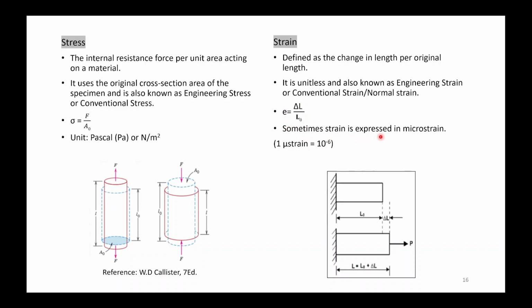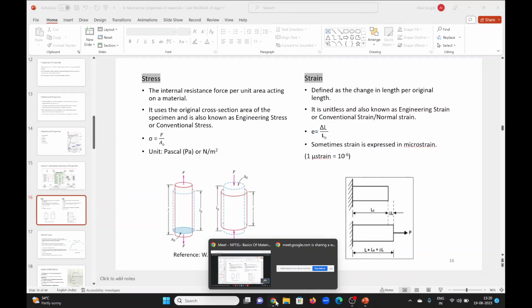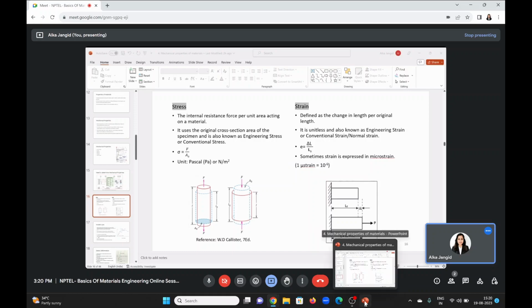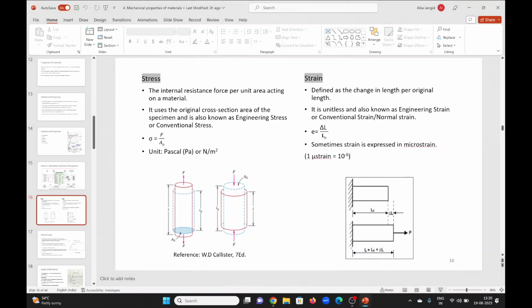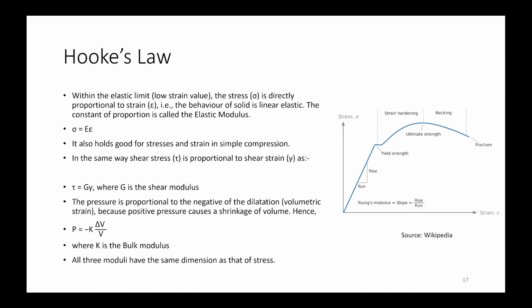Sometimes strain is also expressed in microstrain, where the multiplication factor is 10 to the power minus 6. Here delta L is the change in length.